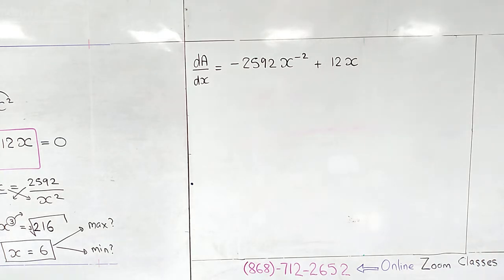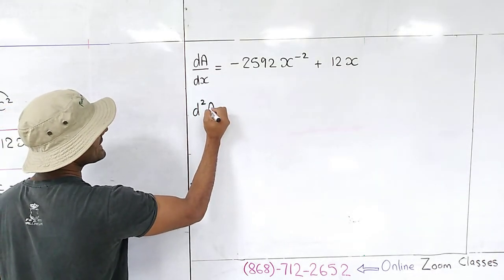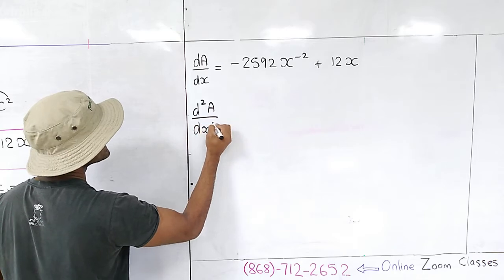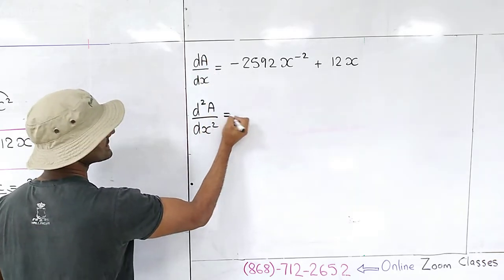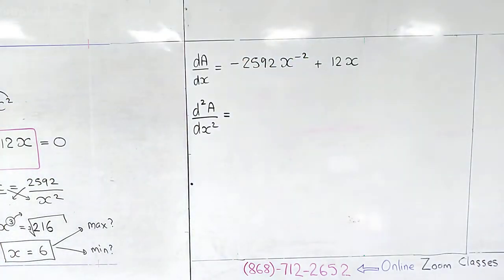Let's differentiate this guy again. d squared A over dx squared. That's what you get when you differentiate dA/dx. You have to throw the power in front and minus 1 from the power.